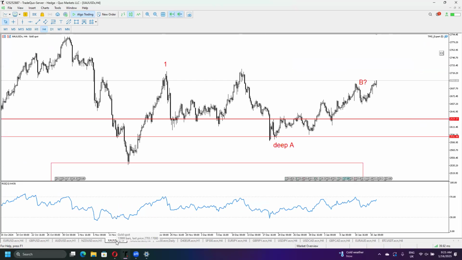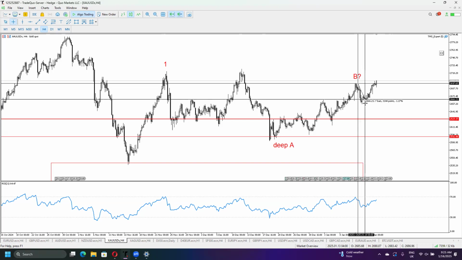The next one is the gold market, and what has changed here is our B. Previously, we had the B as a shape of the potential flat correction, where the zero is one here, right here, one deep A, three waves B, with the speeding correction inside.